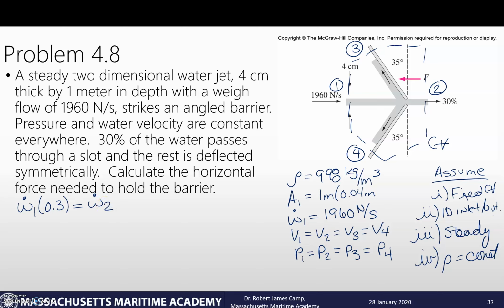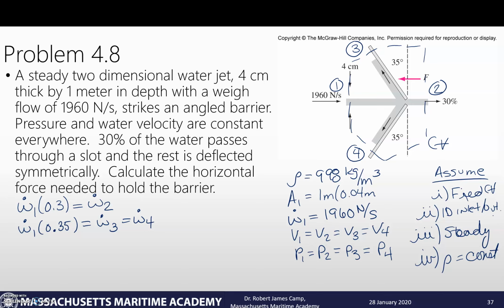This also works for the mass flow rates; it's just divided by gravity. The rest is deflected symmetrically. So if 30% is going out at 2, that leaves 70%, which tells me that 35% of it is going out at 3 and 4. Just from the problem definition, we have a ton of information that we can calculate.